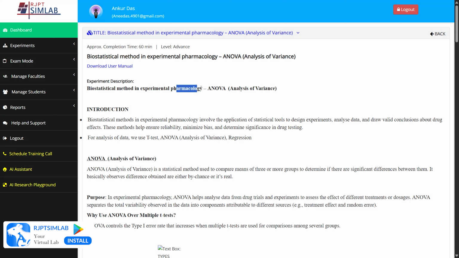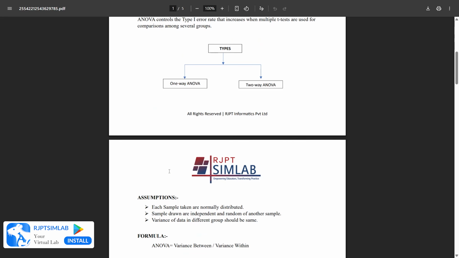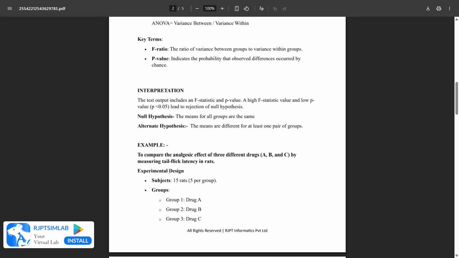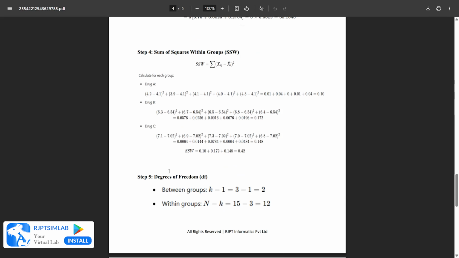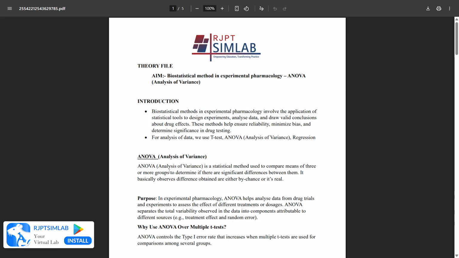This data is valid for them. When we click download user manual, we have a theory file of the experiment. The aim is written here, along with the introduction, ANOVA purpose, why we use it, the formula, and the example. This is free for all the students who do not have the subscription of our RJPT Simlab.